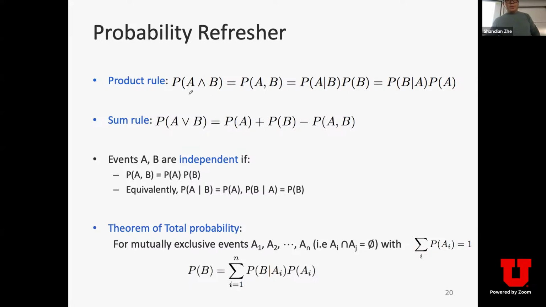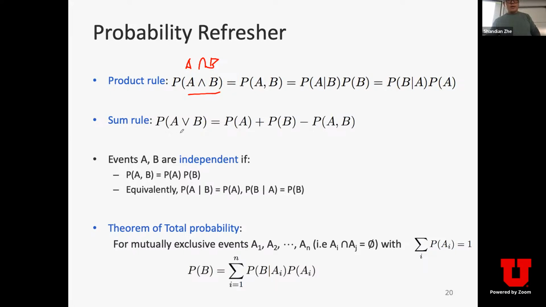If we want to calculate the joint probability of two events, A and B, which just means A intersection with B, it is also denoted as the joint probability of A and B. It can be written as the marginal probability of B multiplied by the conditional probability of A given B, or symmetrically, the marginal probability of A times the conditional probability of B given A, right?